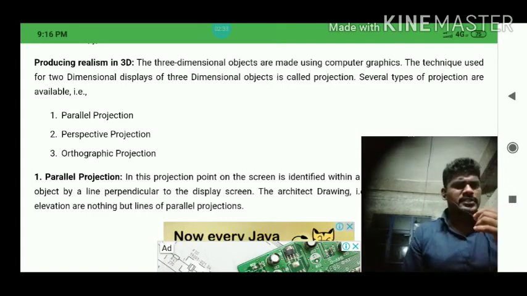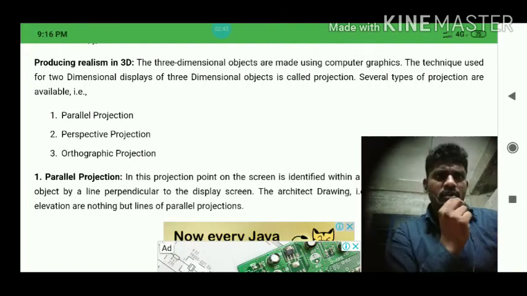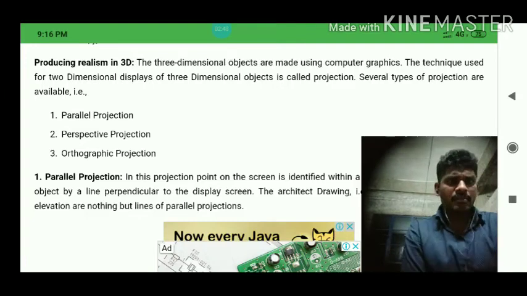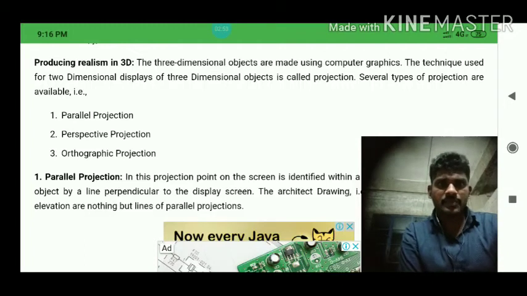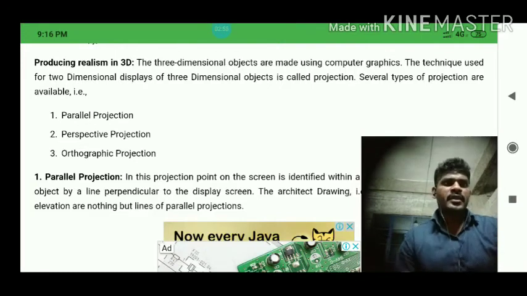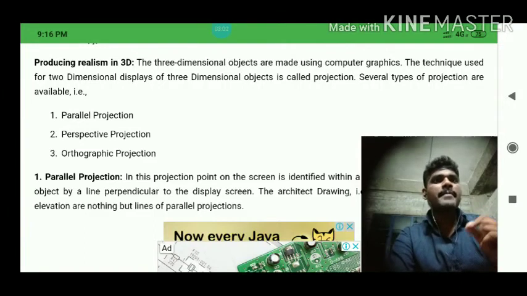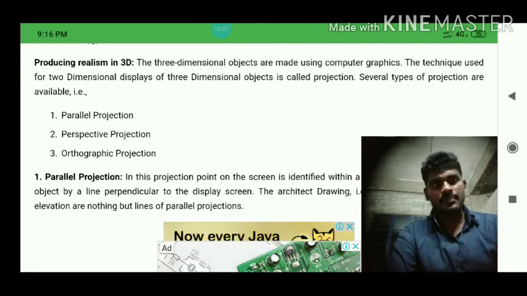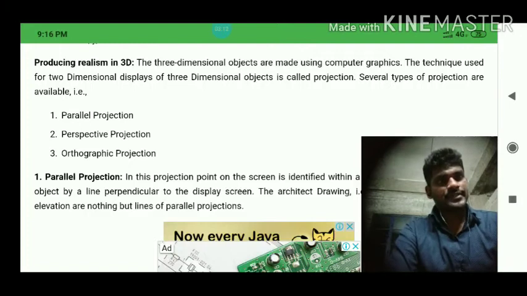Three-dimensional objects are made using computer graphics. The technique used for two-dimensional displays of three-dimensional objects is called projection. The technique used for two-dimensional displays of three-dimensional objects is called projection.